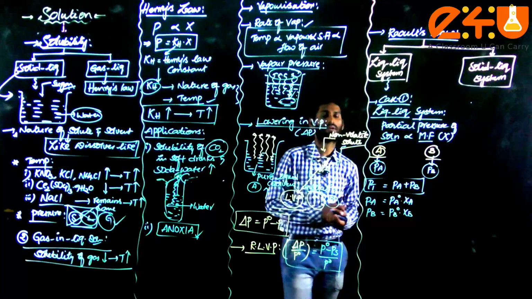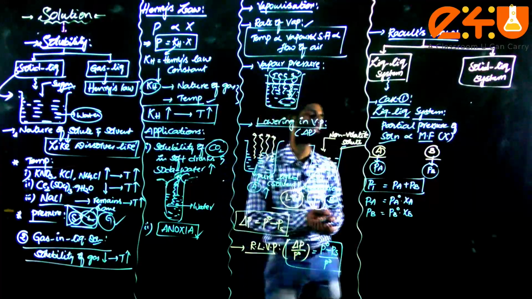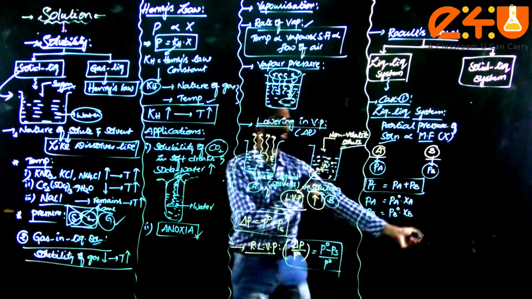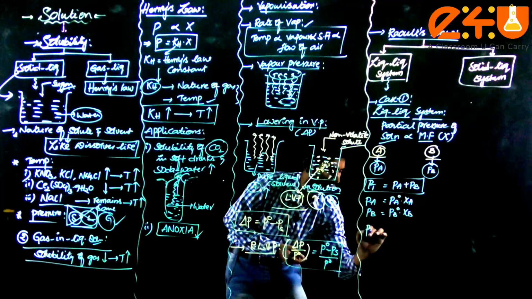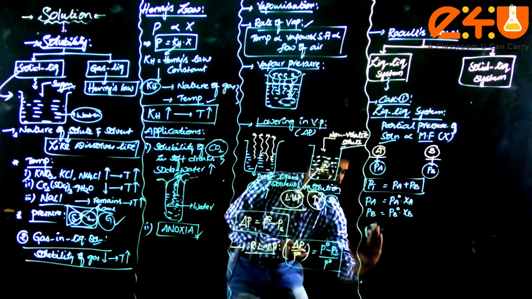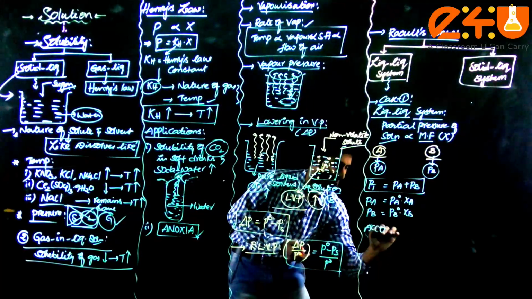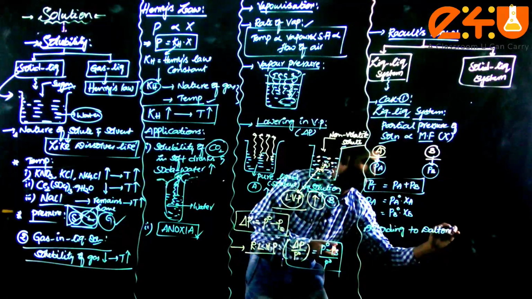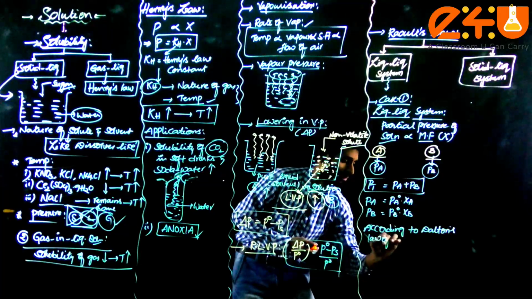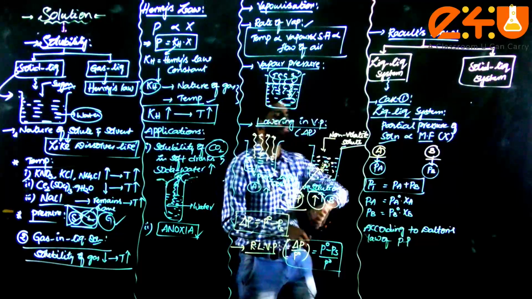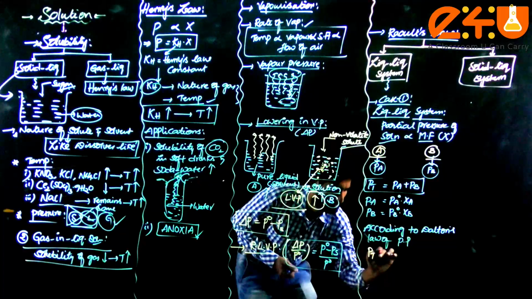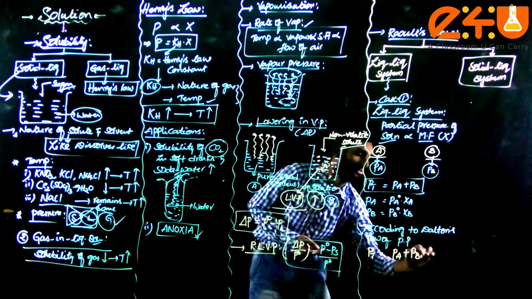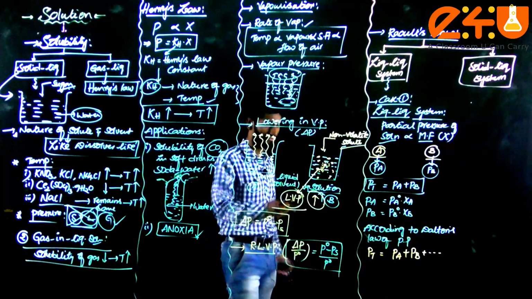According to Dalton's law of partial pressure, which you have studied in gaseous laws along with Gay-Lussac's law, Charles' law, and Boyle's law, the total partial pressure is equal to the sum of the partial pressures of the individual gases or individual solutions.